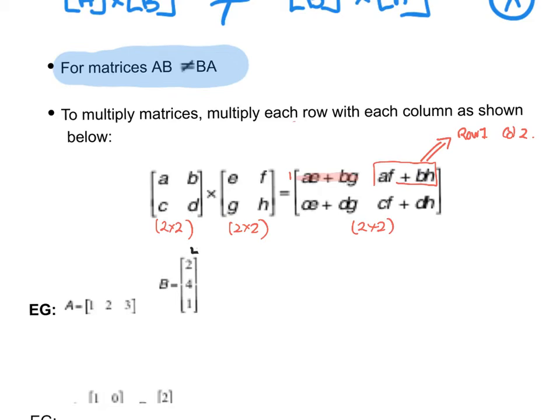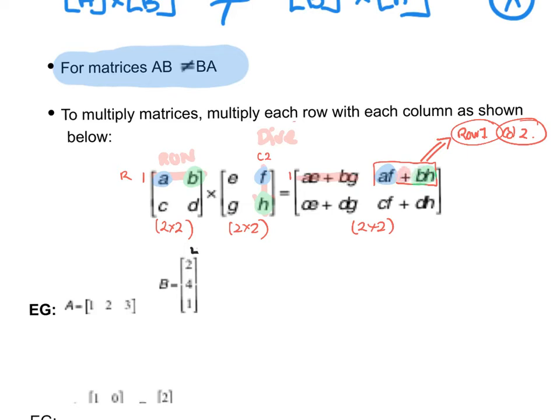So I'm going to go row 1, run. Sometimes they call that run. And then you dive, and I'm using column 2. So can you see I've used row 1 and I've used column 2. That's what I'm saying here. So what you do is the A gets multiplied with the F. Can you see AF? And then you add B multiplied with the H. Okay, and you've added it there.